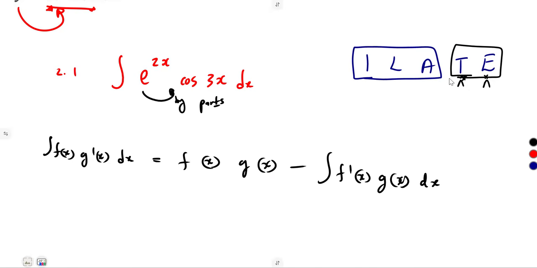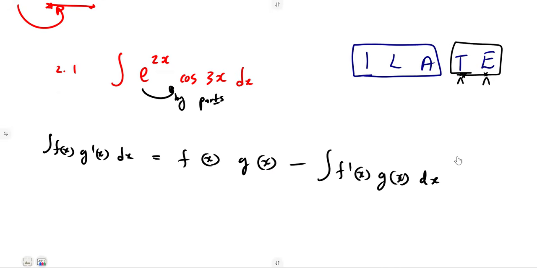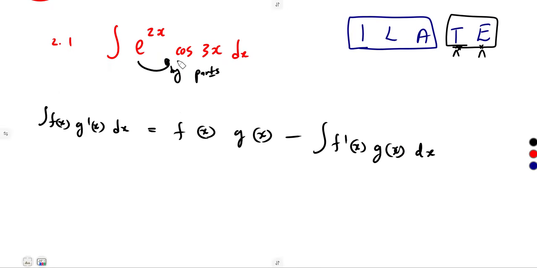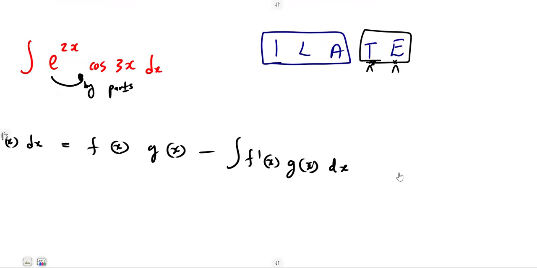So as for me, for this one, I'm just going to choose my f of x to be the exponent the way it is, so that I do not have confusion. Okay, no problem, guys. So we're going to let our f of x be what? To be e to the exponent of 2x. So that's our f of x.